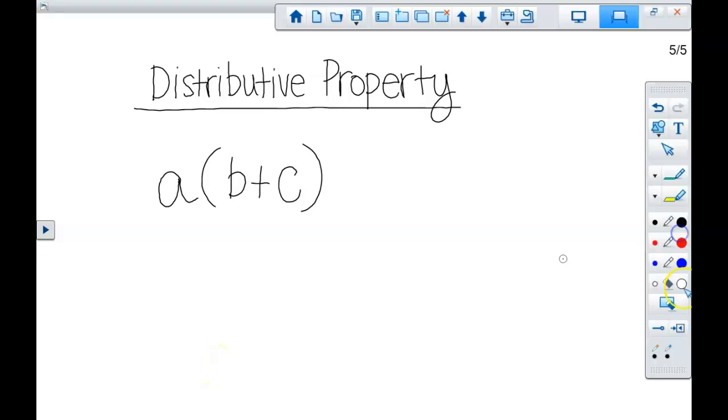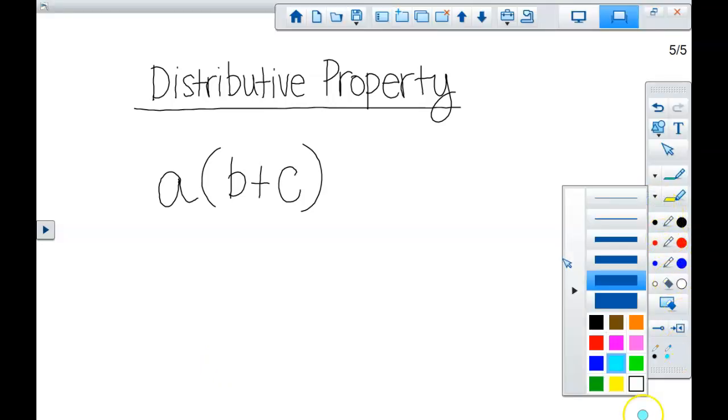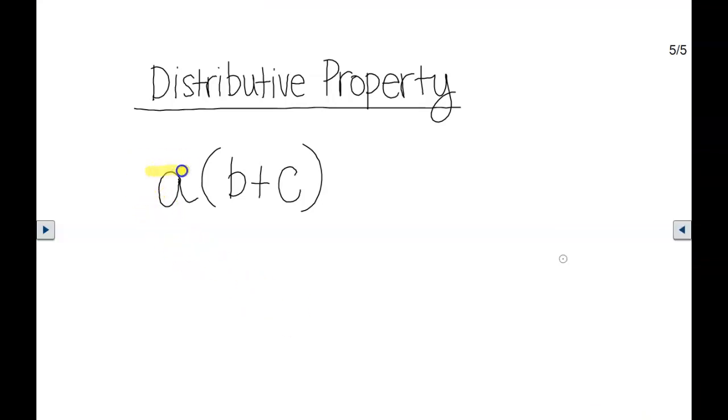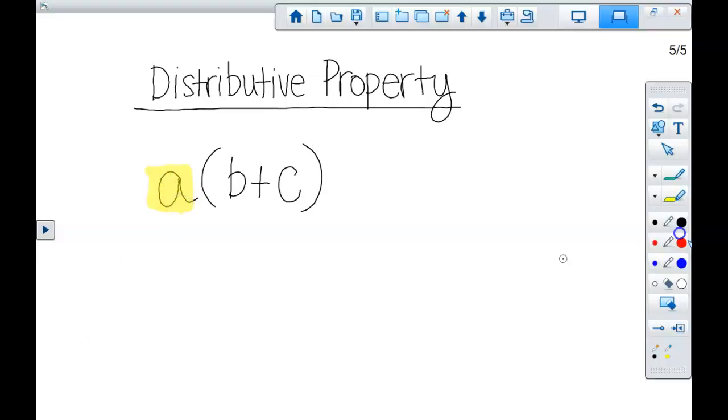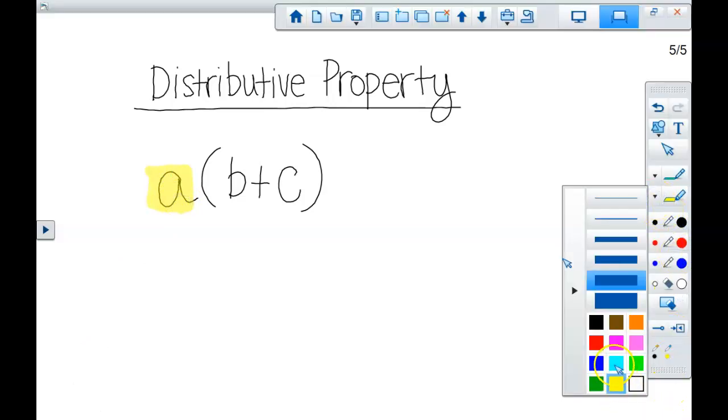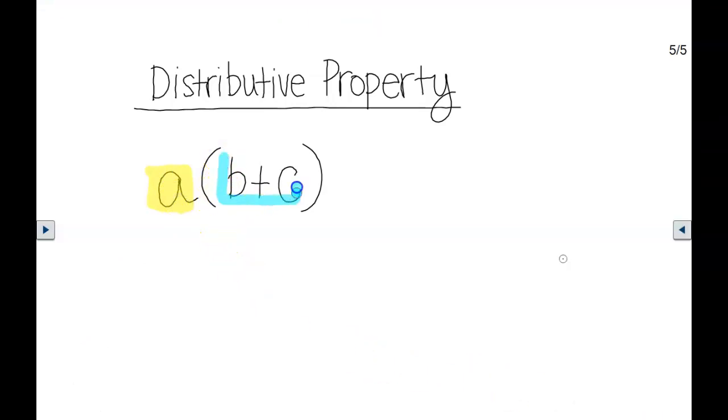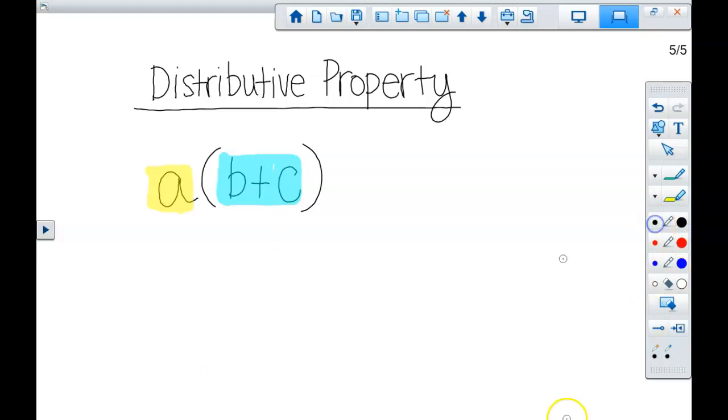When you have a number like A being multiplied by an entire group like B plus C, I would not, on this problem, the way I have it written, have the option of doing order of operations, because I can't do that group. I have no idea what B plus C is.